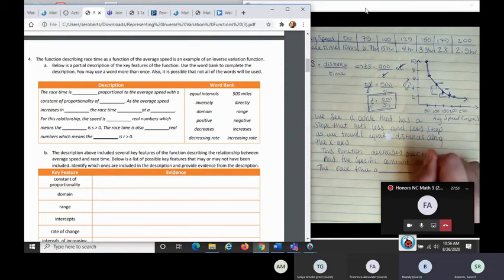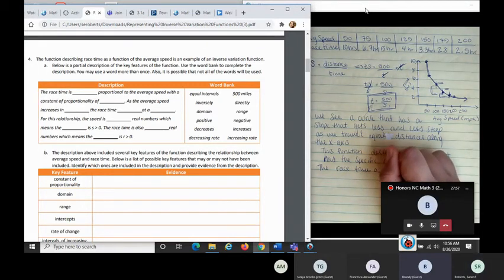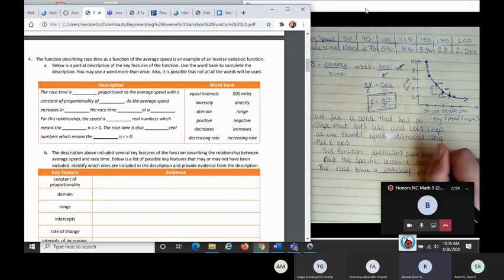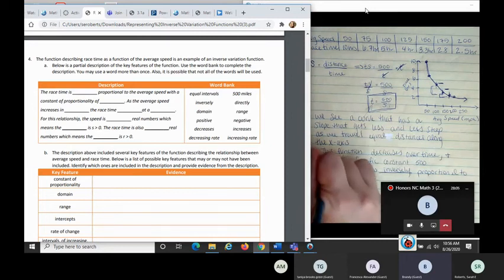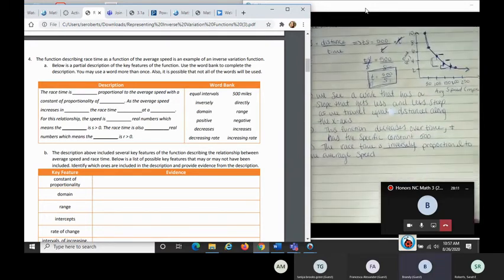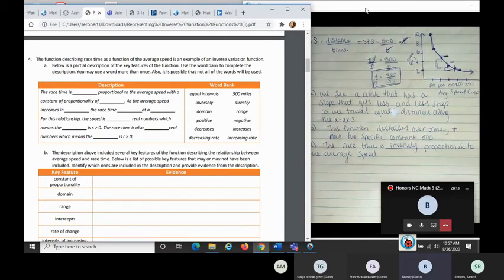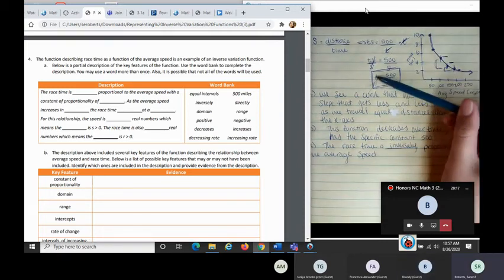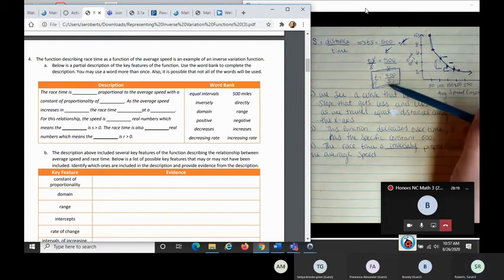I put inversely. Good. Why'd you say that? Because in the graph it shows how the speed and the distance and time all, I don't know how to explain it. That's okay. Do you see how the time is here, but then the speed is in the denominator of this fraction?